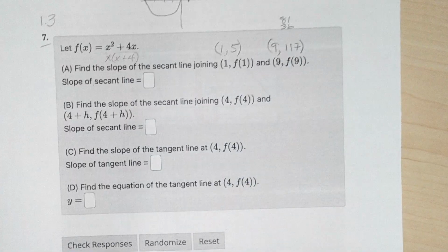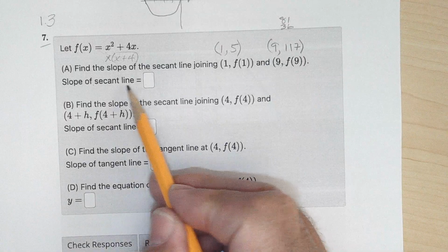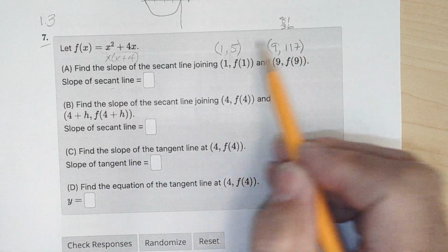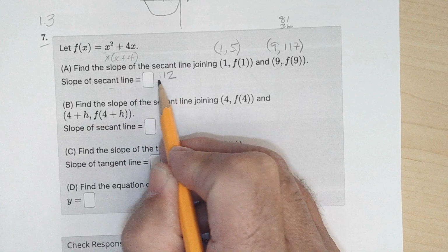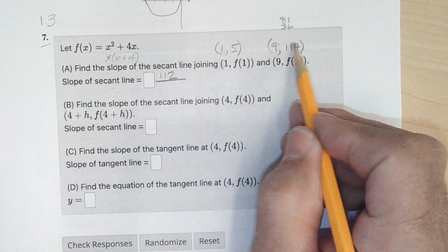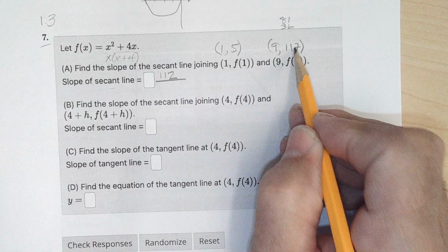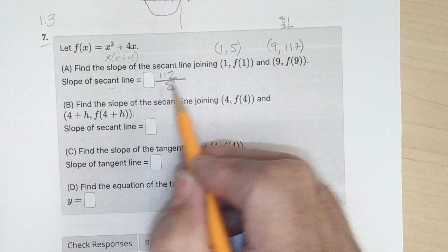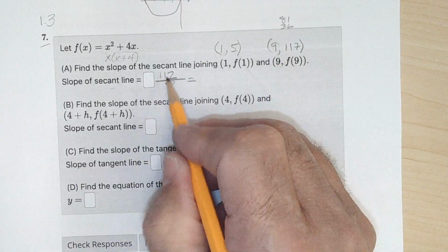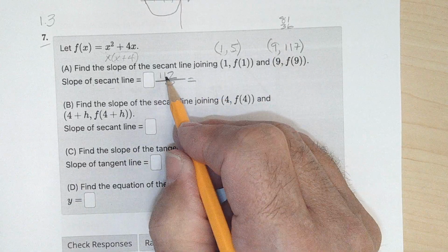Yeah. Okay. So the slope of the secant line is 117 minus 5. Change in the y goes up 112 as the x goes up 8. Those are both even, so that could be reduced.